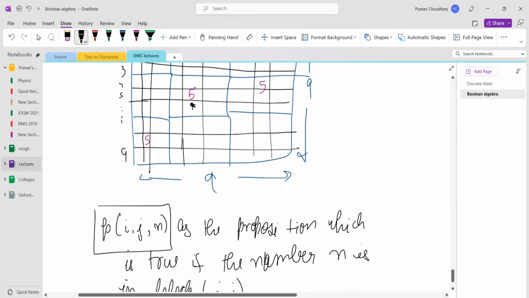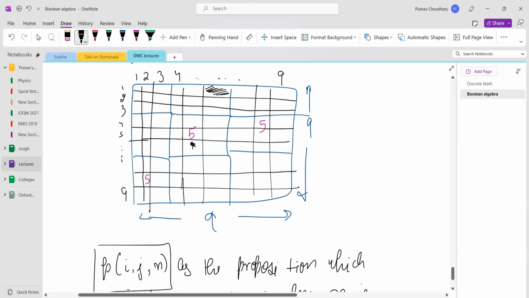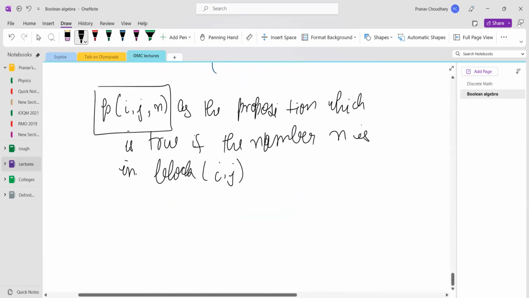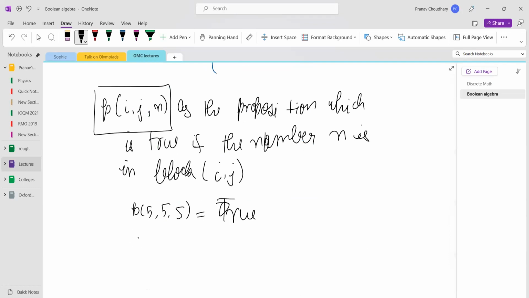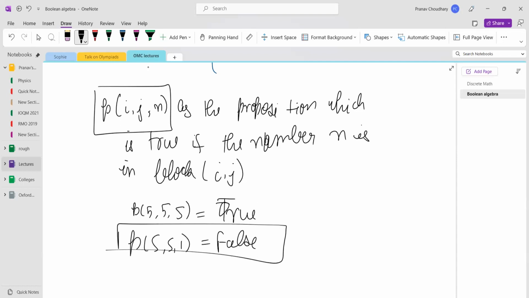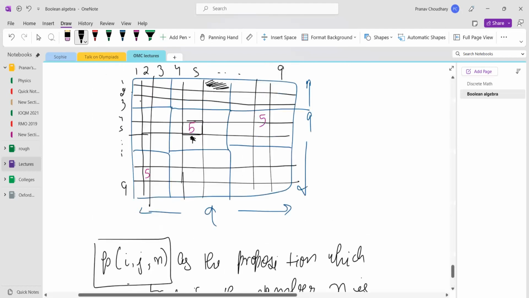Consider this block, block (5, 5). We already know that there's a 5 in there. So P(5, 5, 5) is true because 5 is in that cell, but something like P(5, 5, 1) will be false. That is how we are defining the propositional variables.